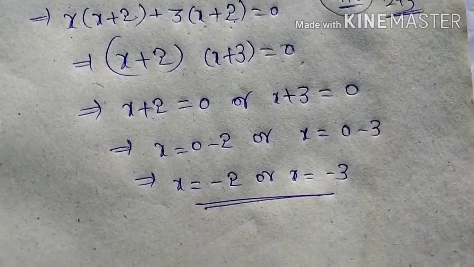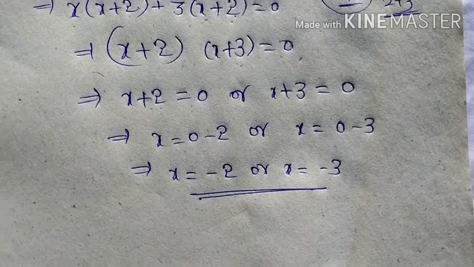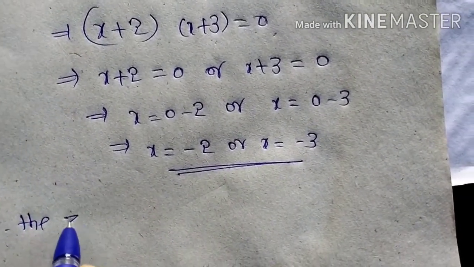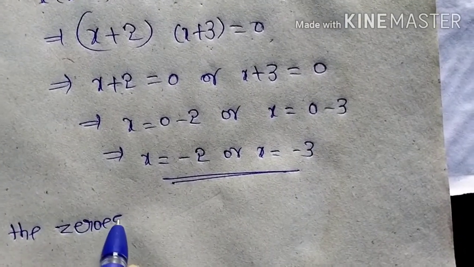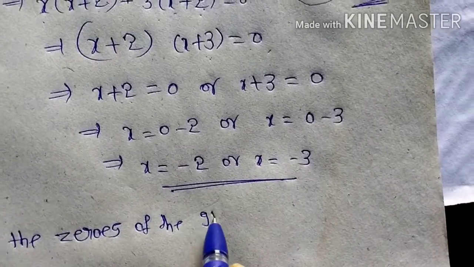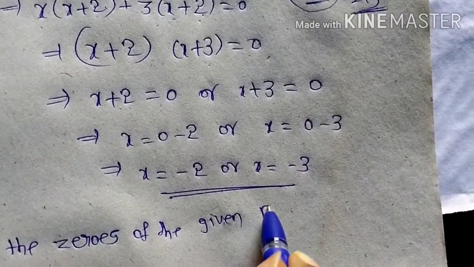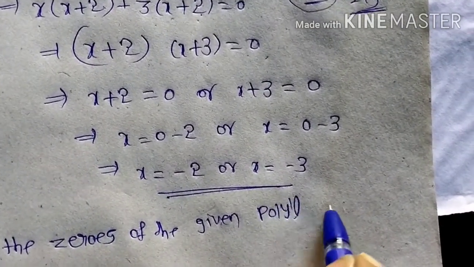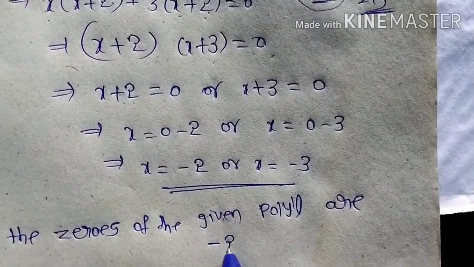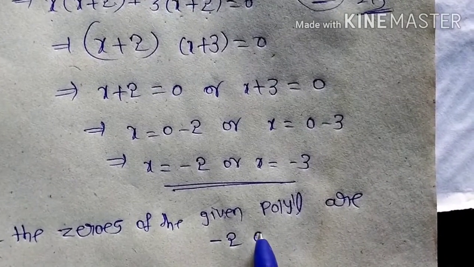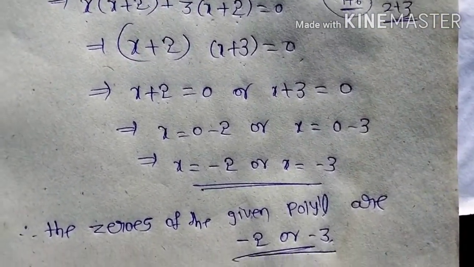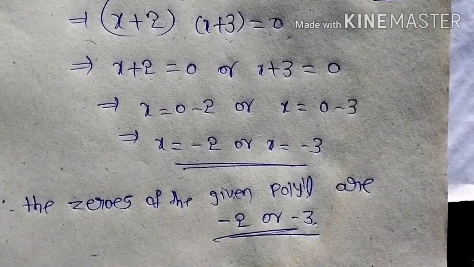Therefore, the zeros of the given polynomial are minus 2 or minus 3. Minus 2 comma minus 3 are the zeros of the given polynomial.